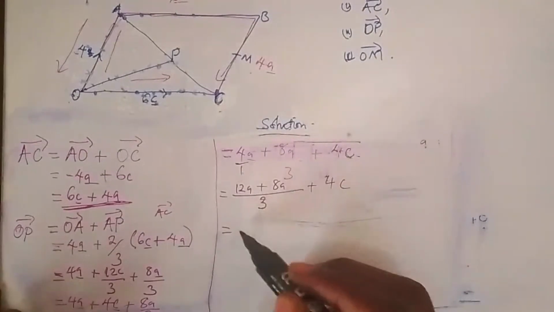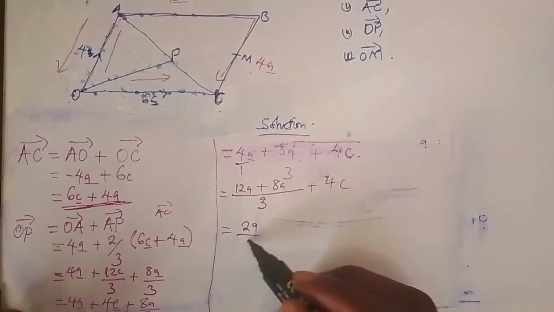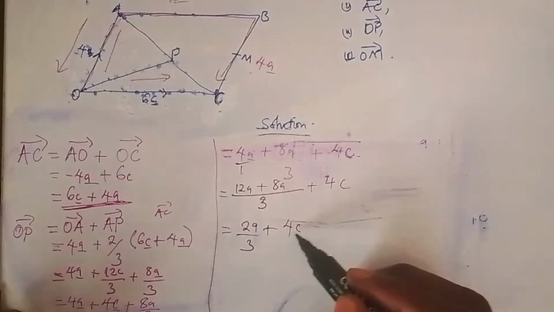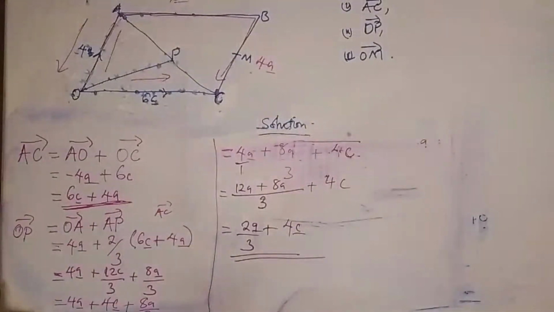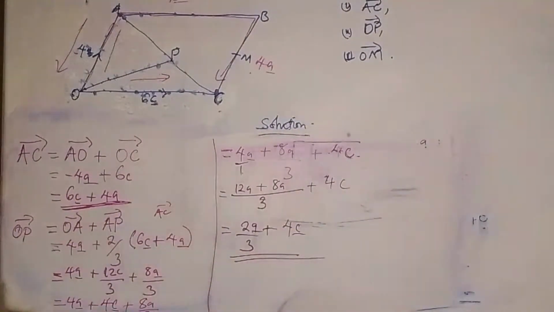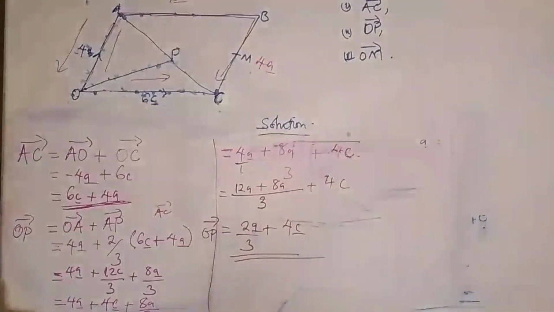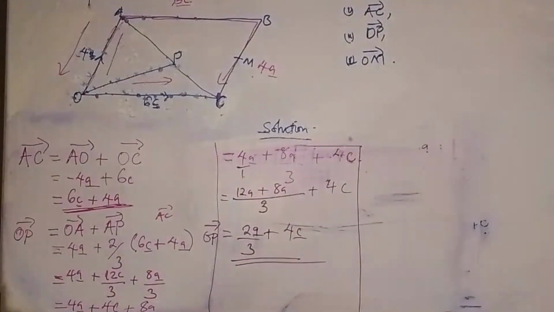Then here you say 12 plus 8, we have 20A divided by 3 plus 4 vector C. Meaning this is our answer for vector OP. So this is how vectors are simple. Vectors is just the addition, and you identify which route is simple for you to use.